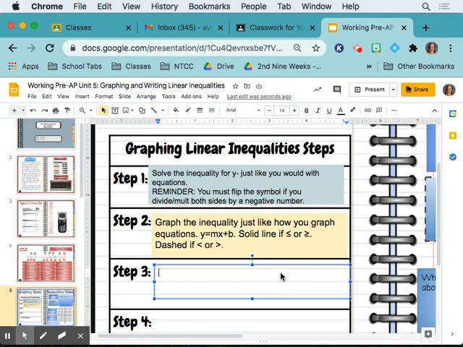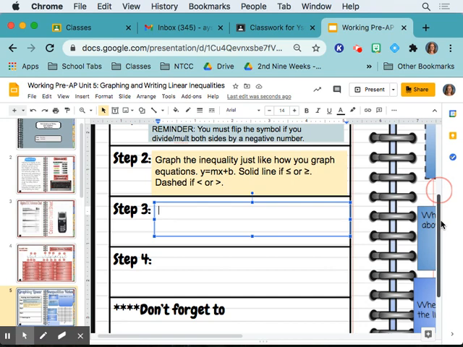All right, step 3, we are going to shade above or below the line because when you talk about inequalities, it's talking about a set of numbers that are less than, greater than or equal to, or less than or equal to. So you're going to shade above the line if greater than or greater than or equal to.